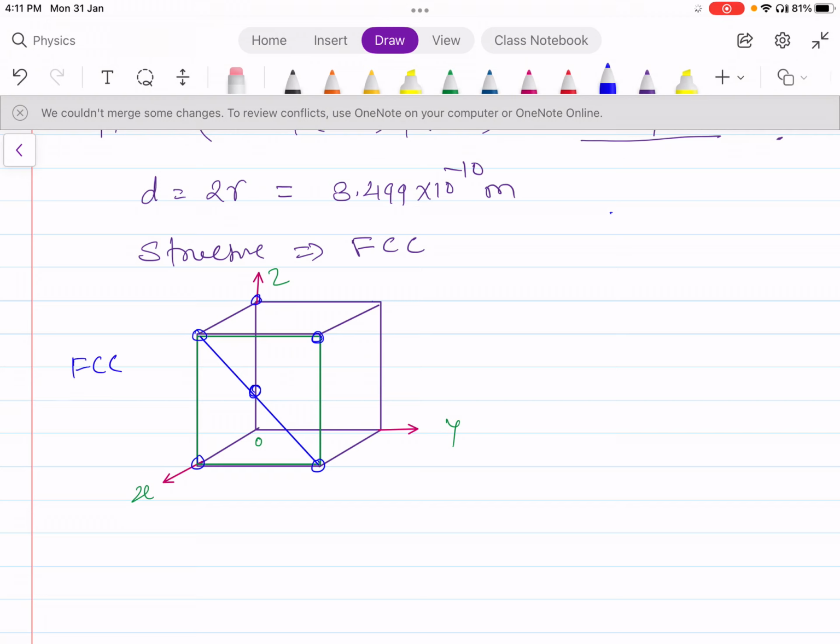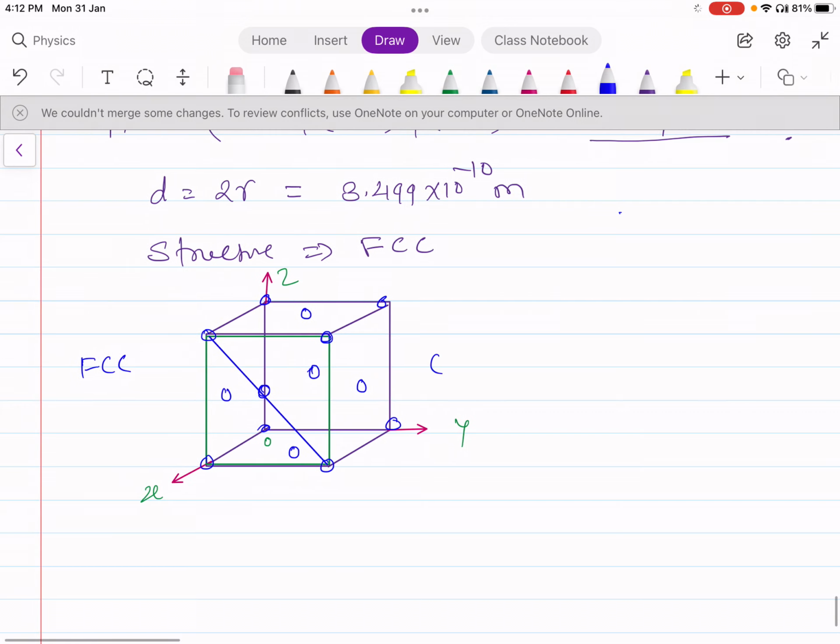So there are 8 corners and 6 face centers. These are the 6 face center atoms. Now here we are considering the 100 plane.